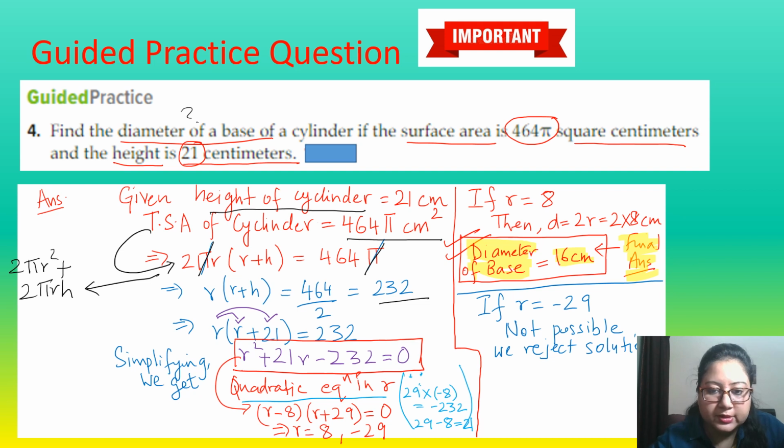Let me write down. When you are trying to solve a quadratic equation, or when you are trying to factor a quadratic equation to reach its roots, here you are going to be selecting two numbers which when multiplied give you negative 232, this number, and which when added give you 21.